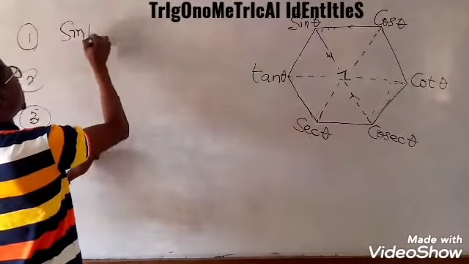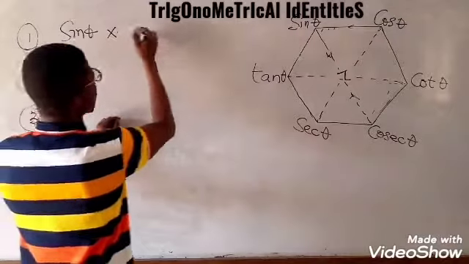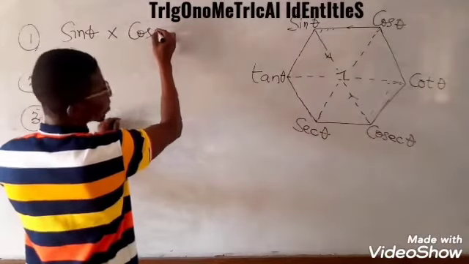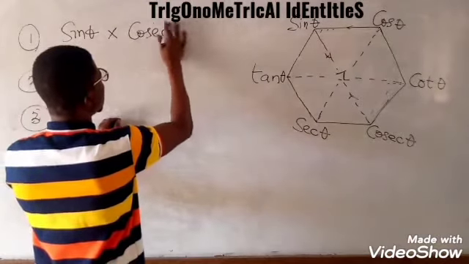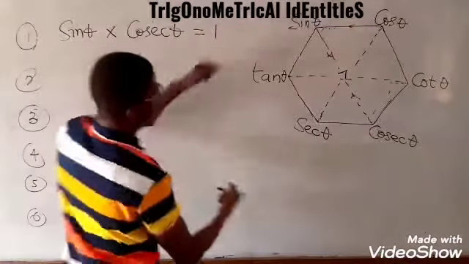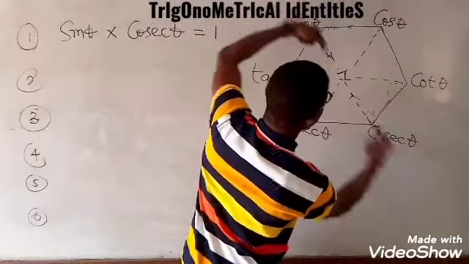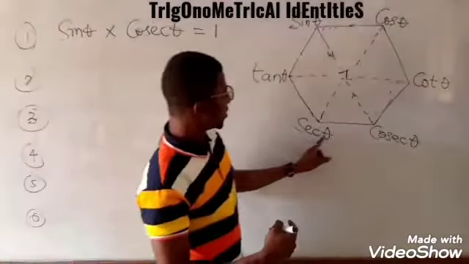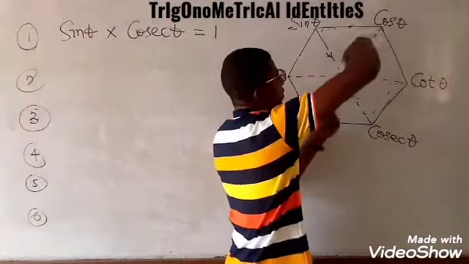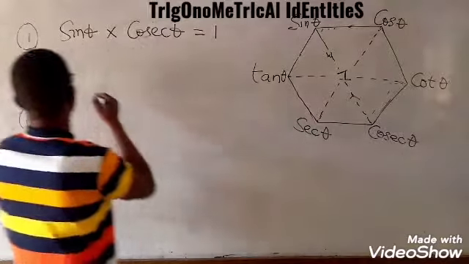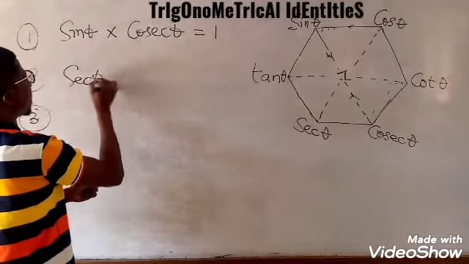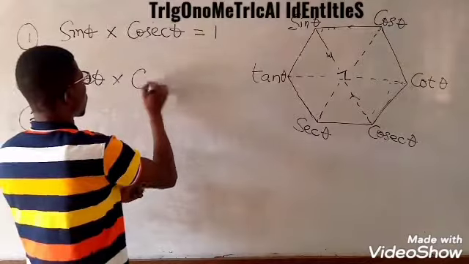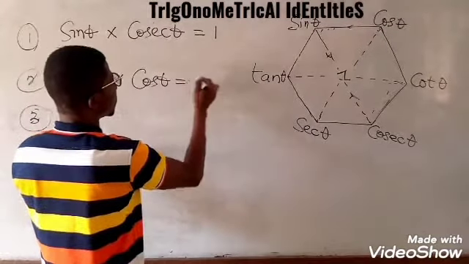So sine theta times cosec theta is equal to 1. Also, when sec theta multiplies cos theta, the result will give us 1. So sec theta times cos theta is equal to 1.